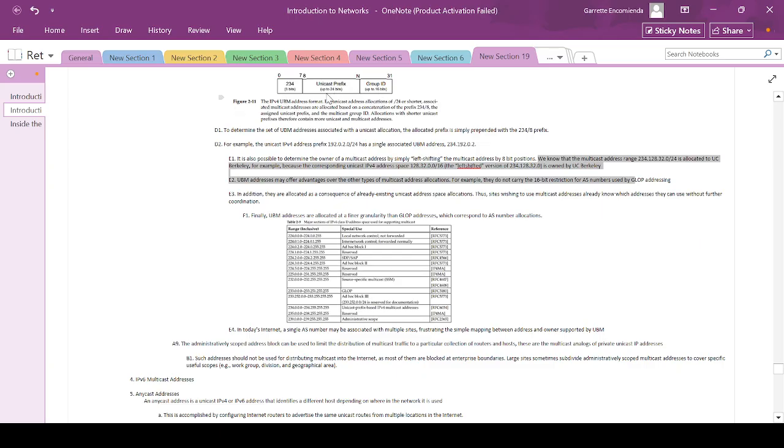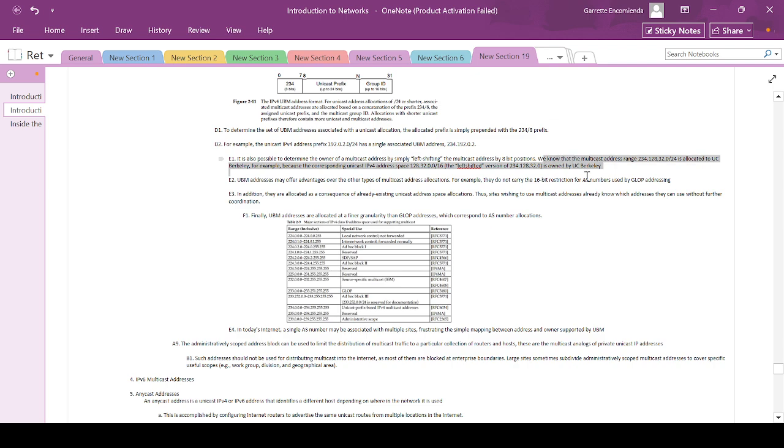So up to 24 doesn't mean it's 24, and up to 16 bits doesn't mean it's 16. The first few bits are 8 bits, the unicast prefix is up to 24, therefore that will determine the group ID, because it can only contain 32 bits.